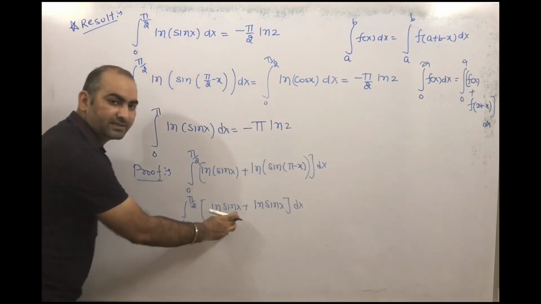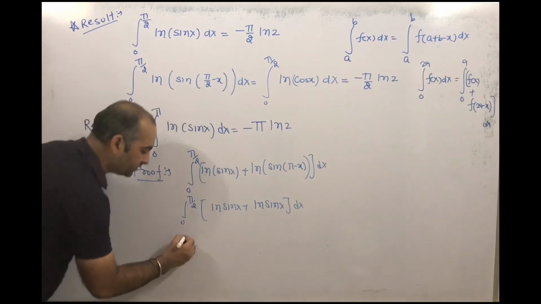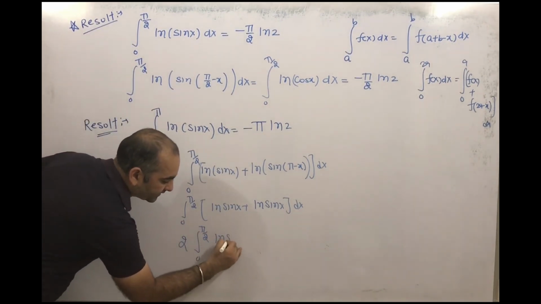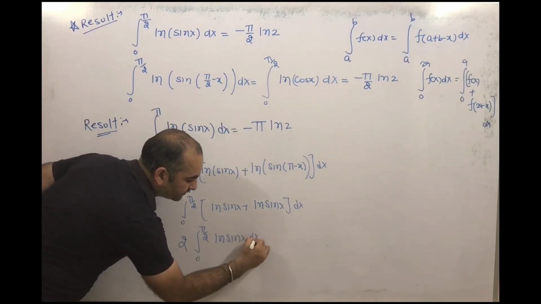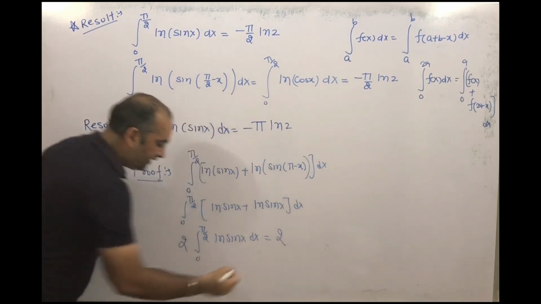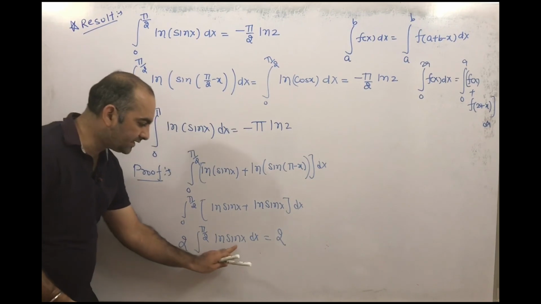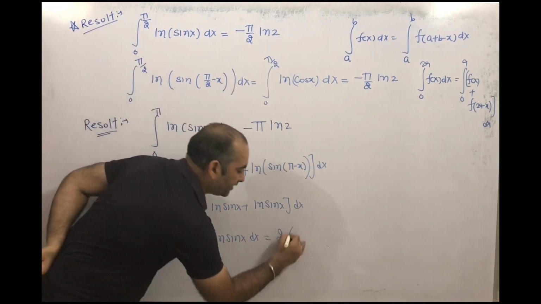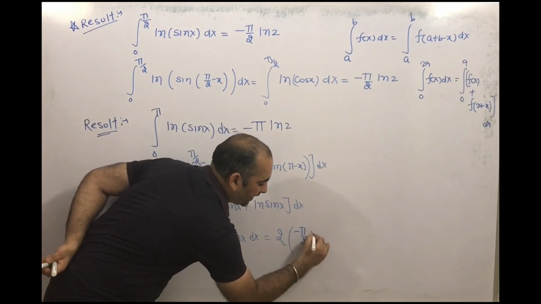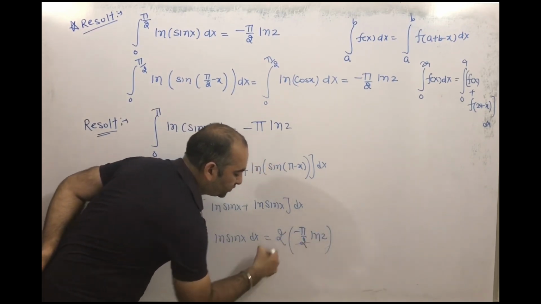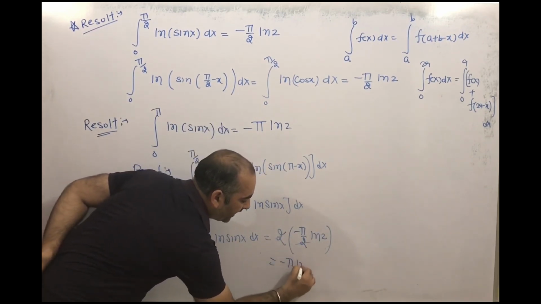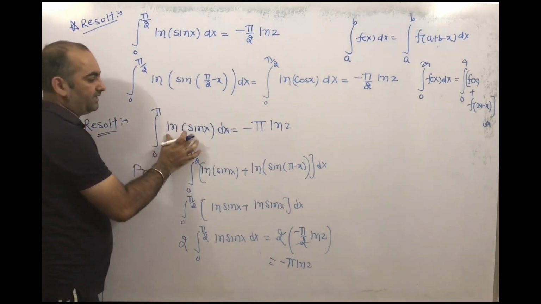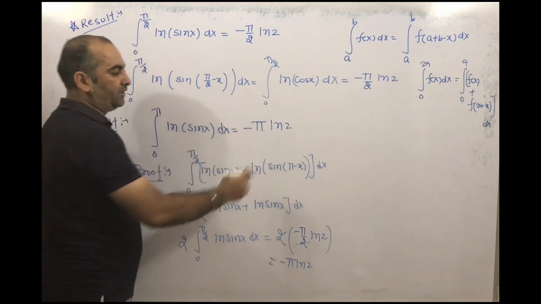So ln sin x plus ln sin x is 2 times ln sin x. So this is 2 times integration 0 to pi by 2 ln sin x dx, which is minus pi by 2 ln 2. Here the 2 cancels, giving minus pi ln 2. This is your proof. So we can say integration 0 to pi ln sin x dx is minus pi ln 2.